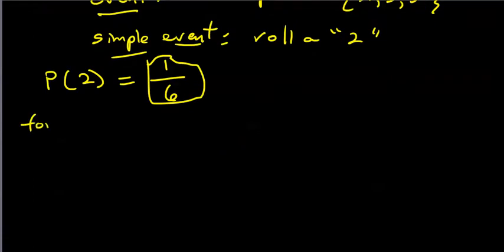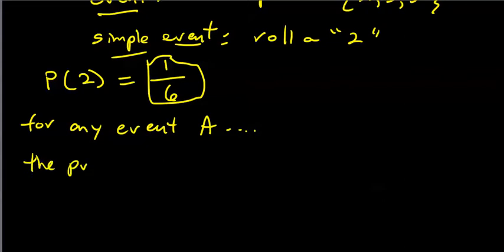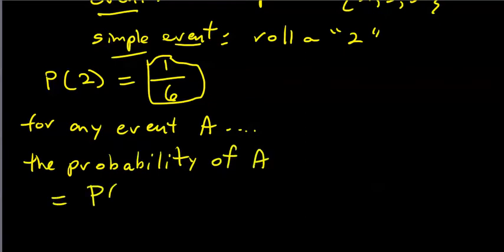I'll say for any event A, the probability of A, we shorthand in this somewhat function notation. We use a capital P with an event described within following parentheses. We'll say P of A, or the probability of A, is, well, it's a fraction, really.